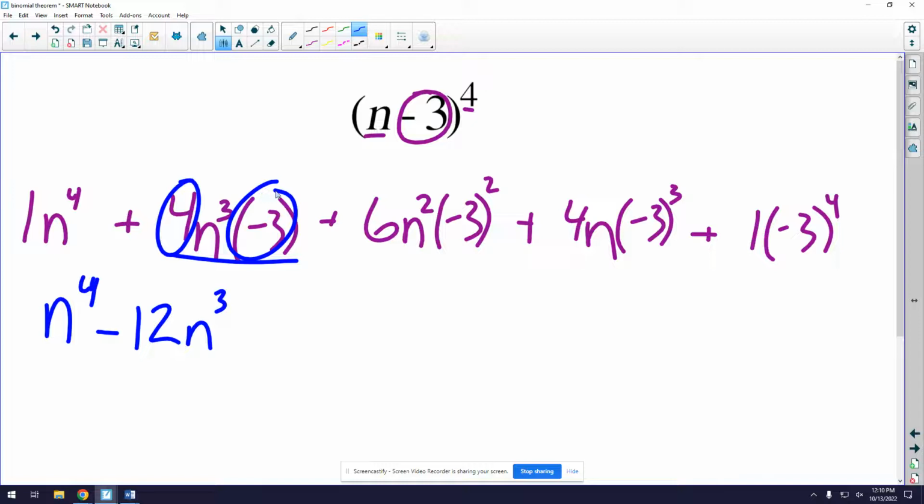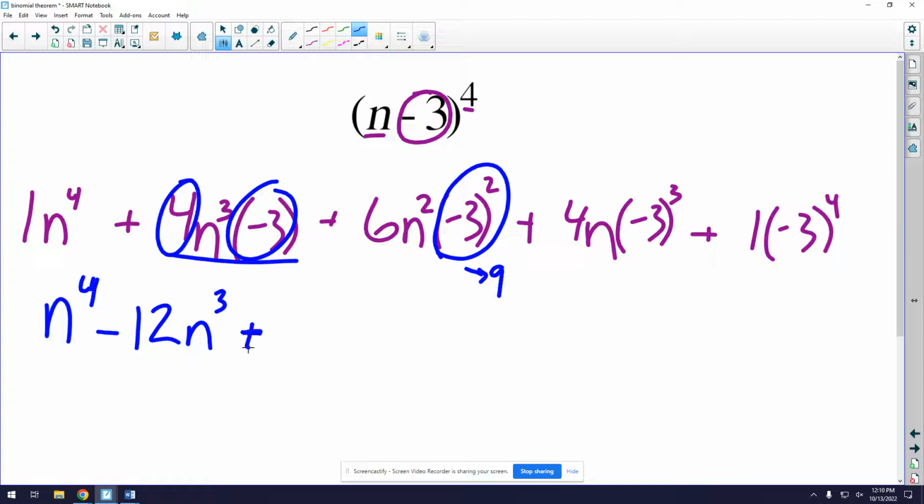In the next term, -3 squared is 9. Right? Negative times a negative is a positive. 3 times 3 is 9. So I have 6 times 9, which is 54 n squared. And that's positive now.